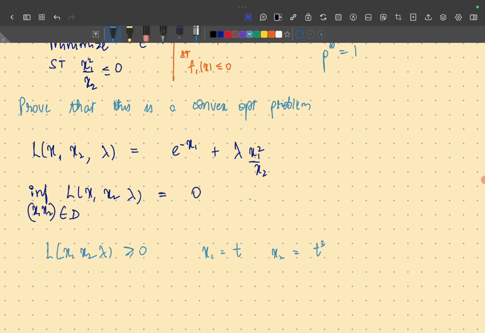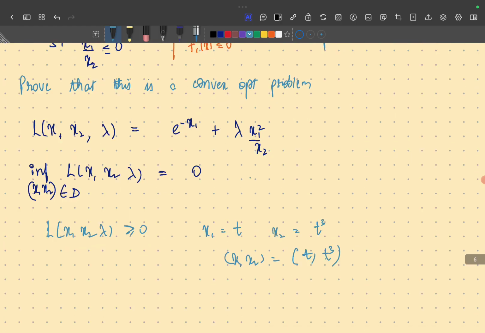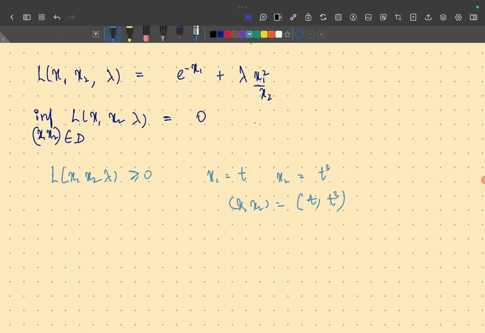I'm searching for the minimum of L of x1, x2 within a subset, a parametric set, where x1, x2 are of the form t comma t cube. It's an arbitrary choice, and the minimum over t may or may not give me the solution, but if the infimum over t is equal to 0, then it must mean that the infimum over all x1, x2 should be equal to 0.